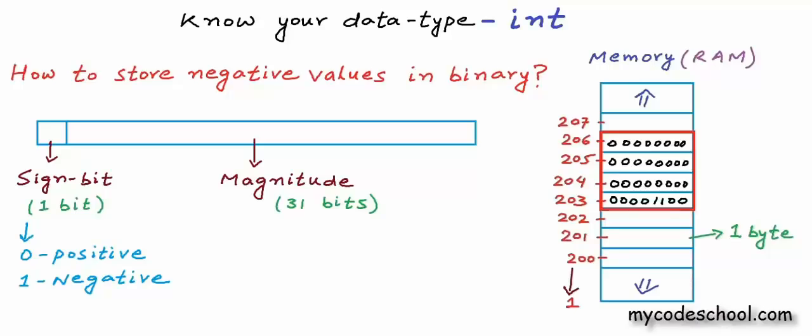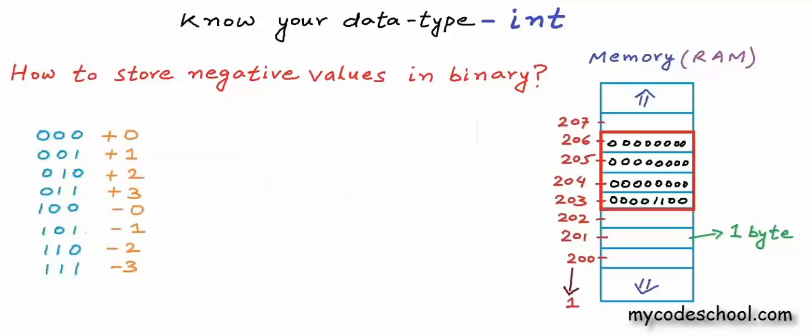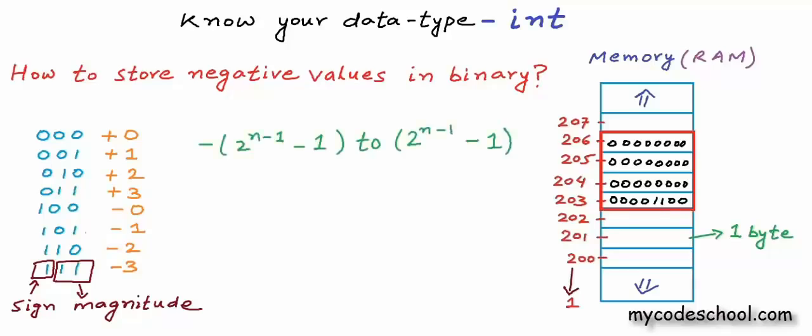If we use the most significant bit as sign bit, then half of the notations in a given number of bits would be positive values and half would be negative values. If we have 3 bits and we are using the leftmost bit as sign bit, this is how things will look. With this encoding mechanism, with n bits, we can store values from minus (2 to the power n minus 1, minus 1) to 2 to the power n minus 1, minus 1.